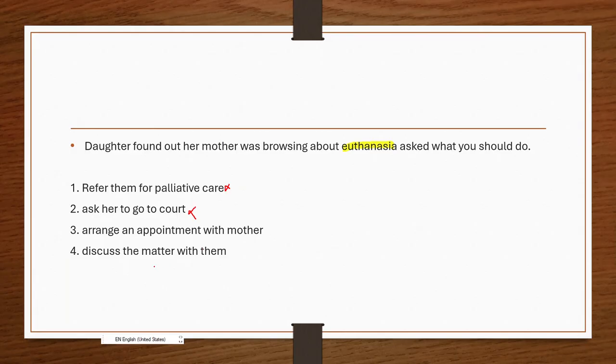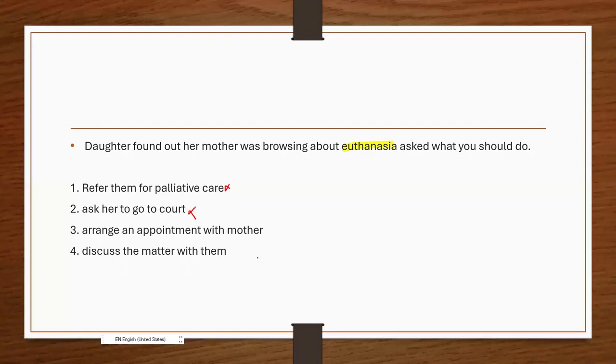Arrange an appointment with the mother, discuss the matter with them. The difference between these two answers is whether you are going to discuss the matter with the mother first, or whether you are going to discuss the matter with both the mother and the daughter. So put yourself into that situation and imagine if it had been you, the wiser or logical decision would be first to check whether this is true, whether the mother is actually interested in euthanasia.